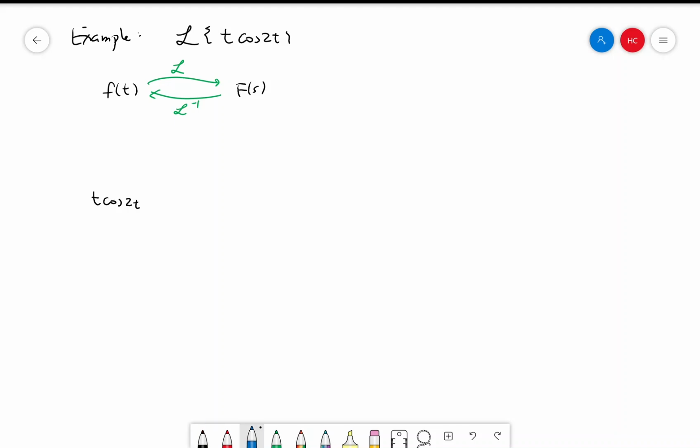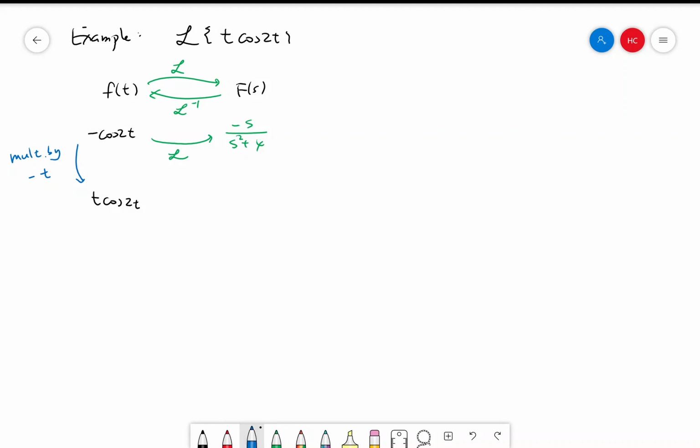But we realize that t cosine 2t is negative cosine 2t multiplied by negative t. And we know the Laplace transform of cosine 2t from the table. So this is equal to negative s over s squared plus 4.